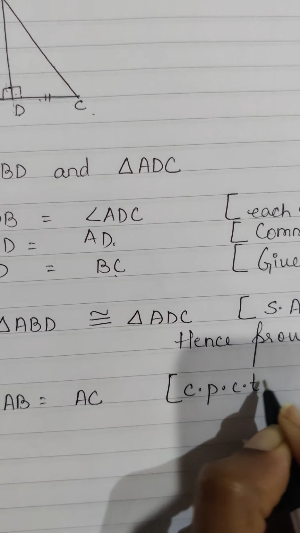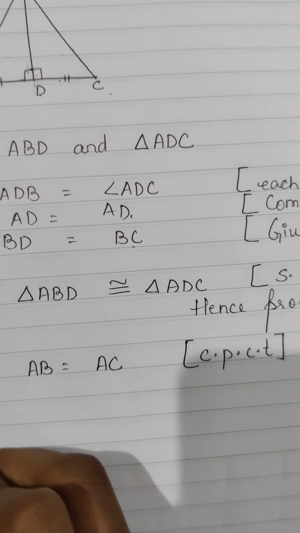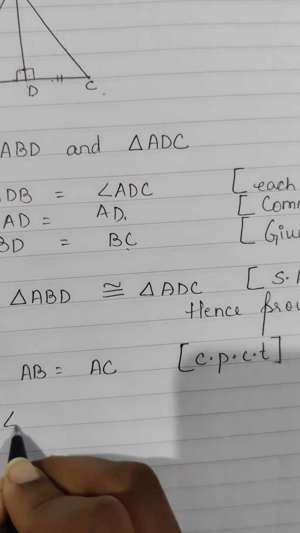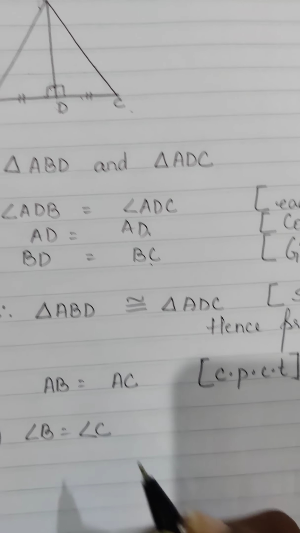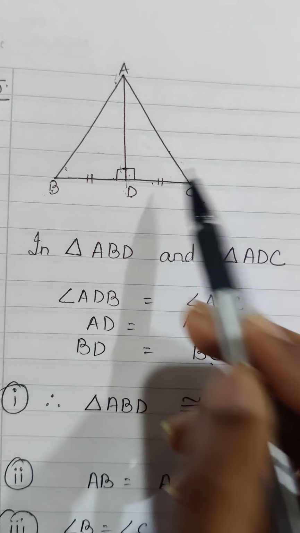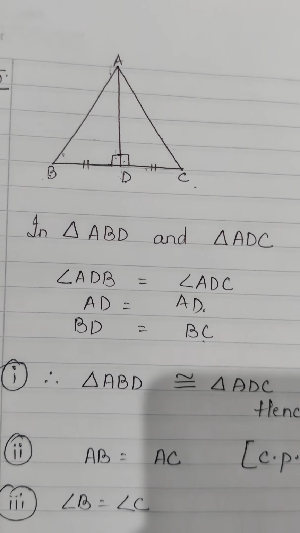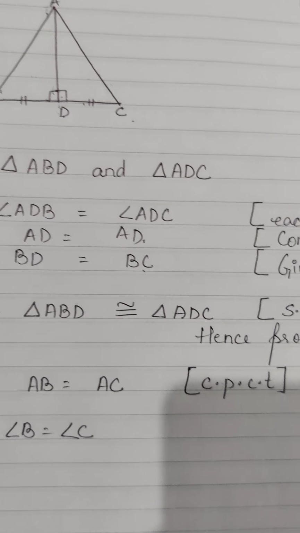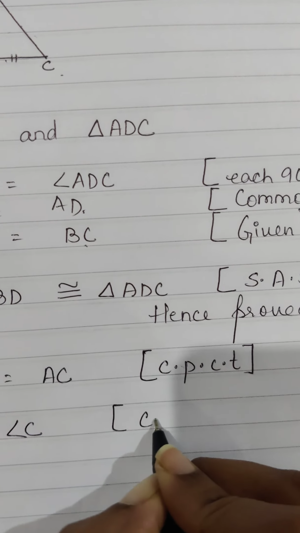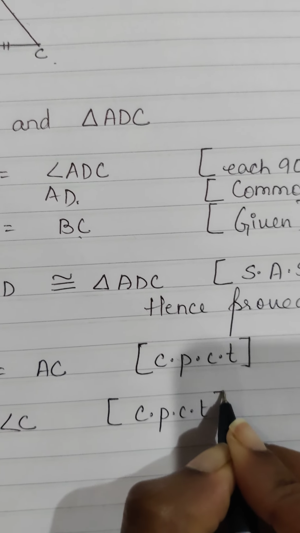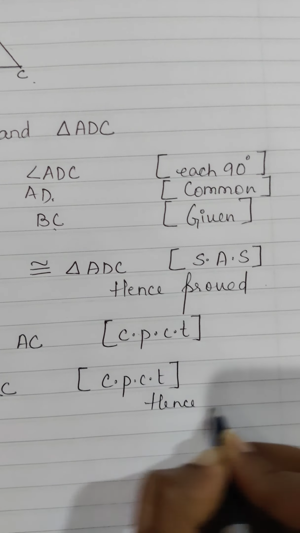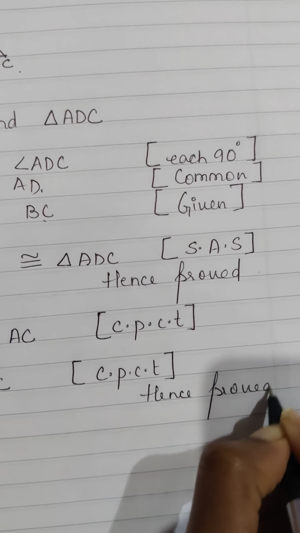So CPCT. Third, angle B is equal to angle C. Again, they are the corresponding angles of congruent triangles. So again, the reason will be CPCT. Hence, proved.